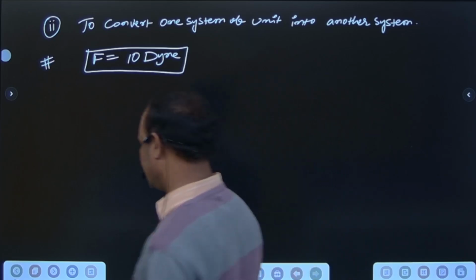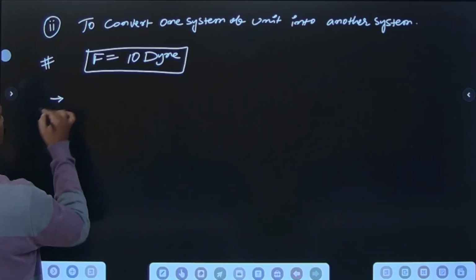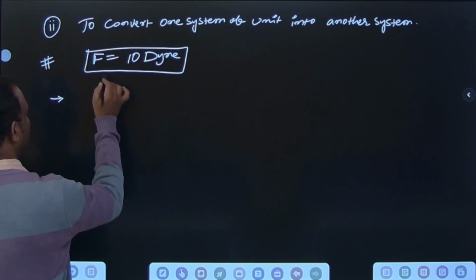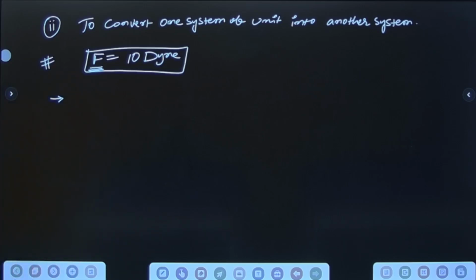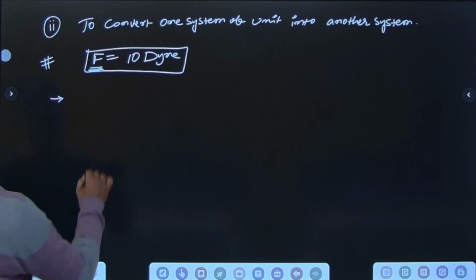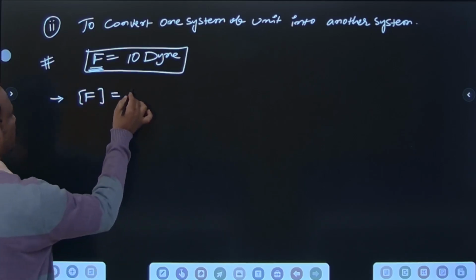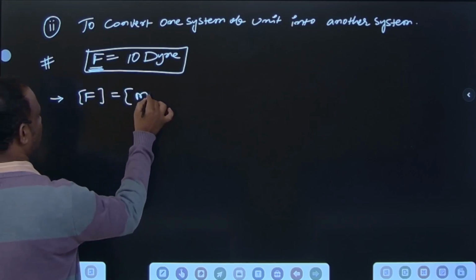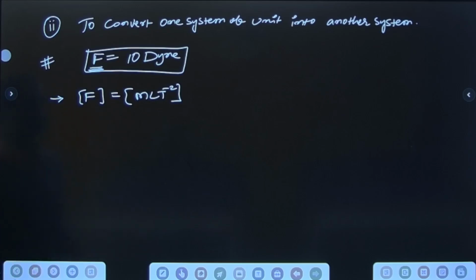For all these, we only need to follow a simple relation. What physical quantity are you going to convert? Sir, I want to convert force. So the dimensional formula of force is MLT^-2.